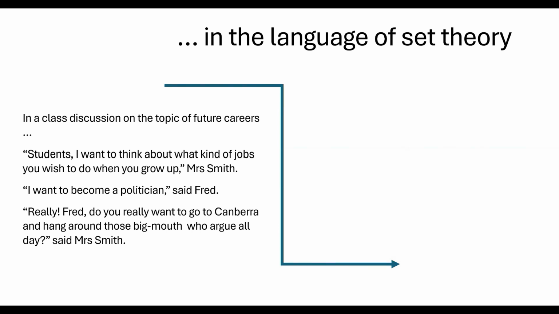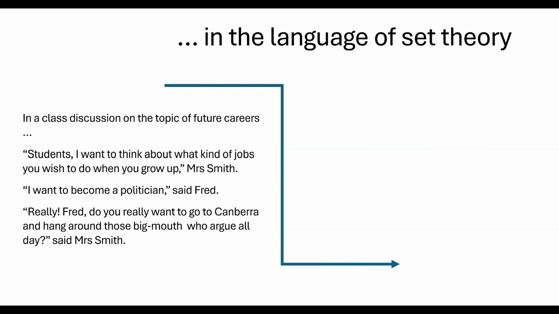Okay, let's try another one. The scenario is a discussion in the class on the topic of careers. I'll give you a moment to go over the dialogue. Here, Fred says he wants to become a politician, and the teacher cries out, "Really?